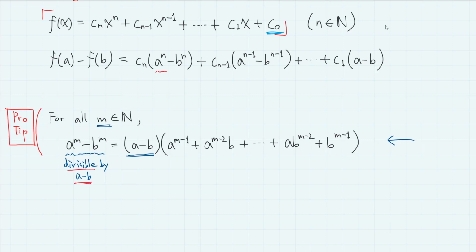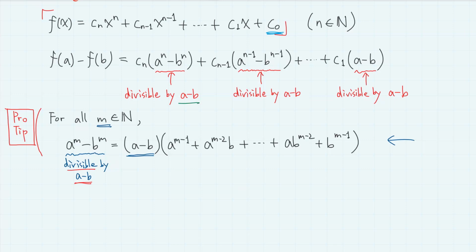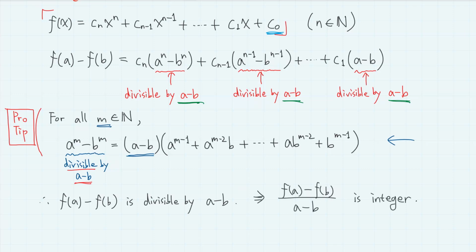Therefore, a to the power of n minus b to the power of n, a to the power of n minus 1 minus b to the power of n minus 1, and a minus b are all divisible by a minus b. Meaning that f(a) minus f(b) is divisible by a minus b, making f(a) minus f(b) divided by a minus b an integer. And this concludes the second proof.